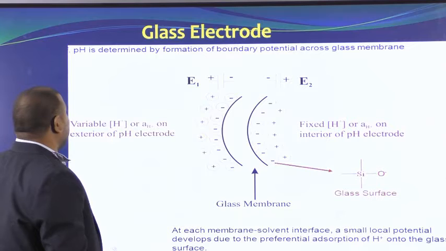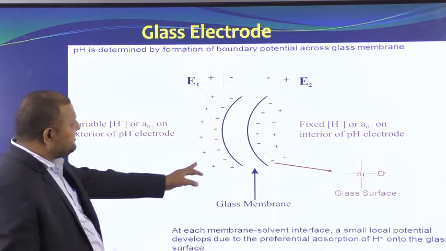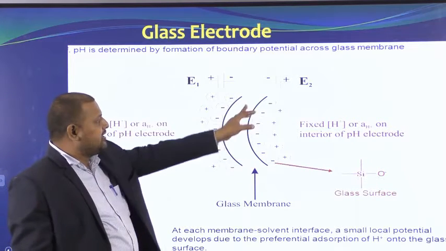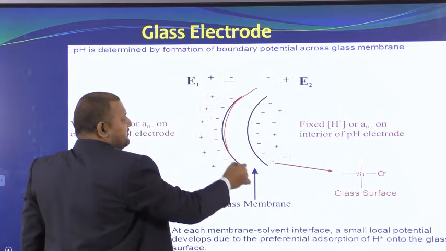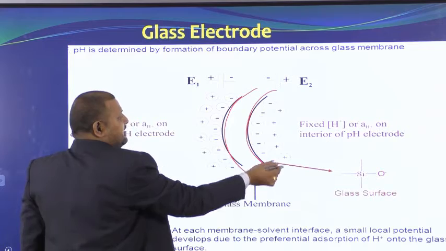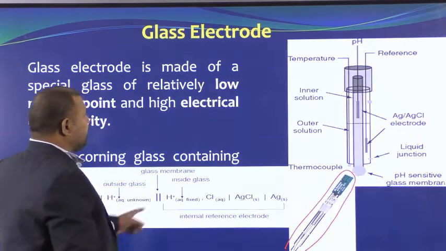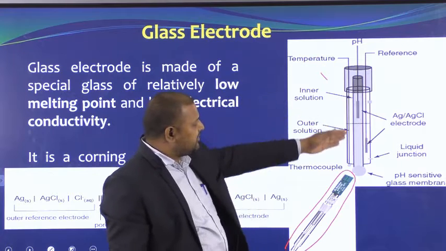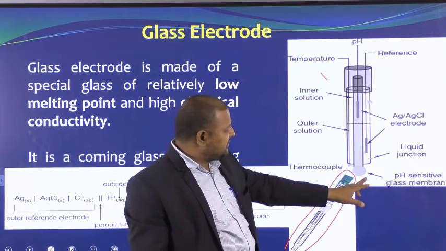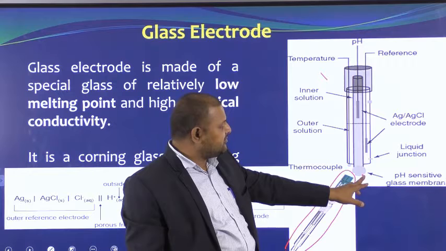So we will see what this glass electrode is and what happens at the tip here. This is the tip, and this is the glass. Inside we have something and outside we have something. What is happening there? See the construction of this electrode. There is a pH sensitive glass membrane.